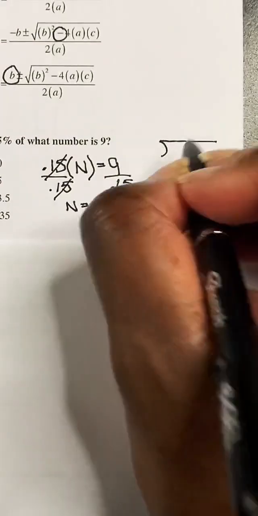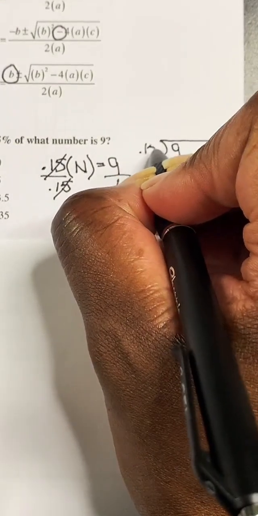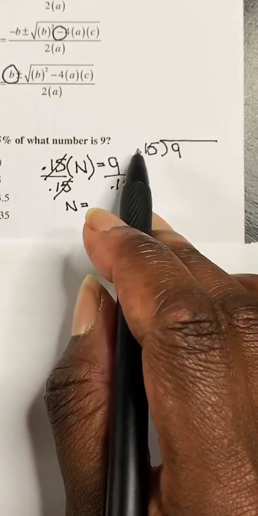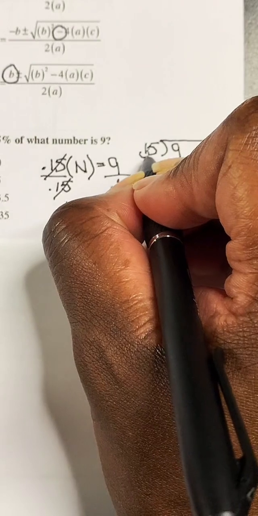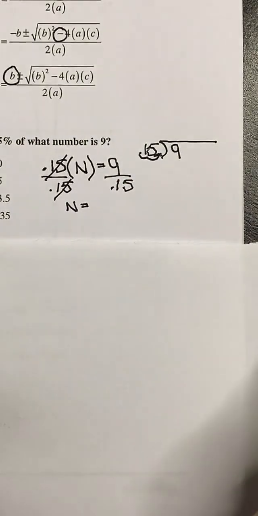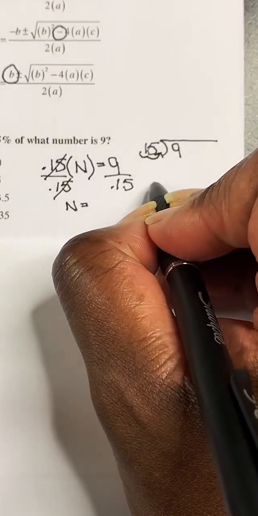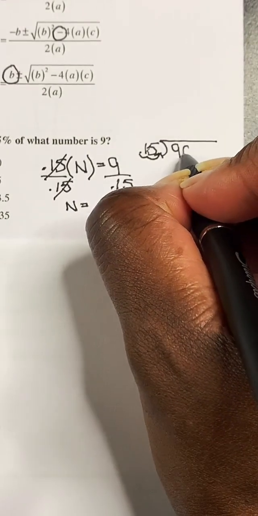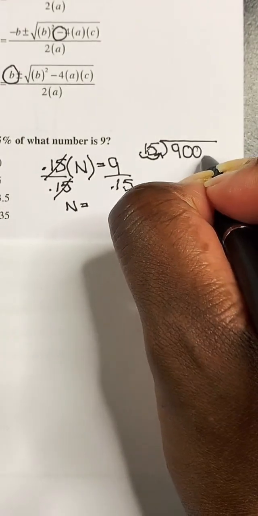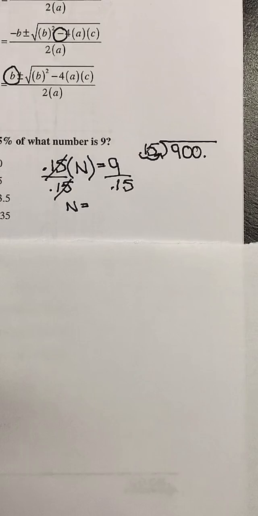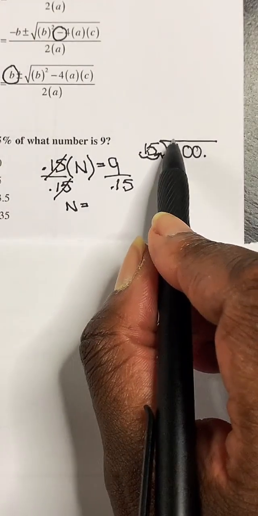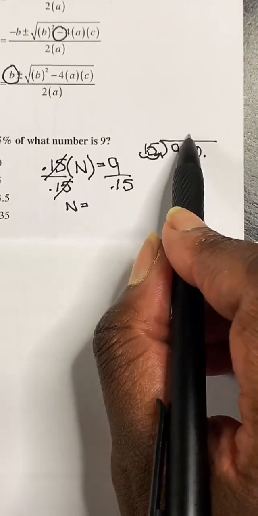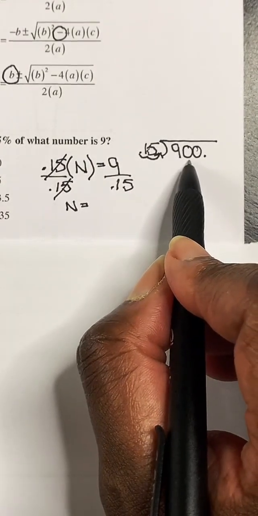So if I am going to do my division, I have 9 divided by 0.15, but I cannot have a decimal in the divisor. So I need to move this decimal place over 2 places so it can be 15, but that means I have to add 2 decimal places over there as well. So now I have to think, how many groups of 15 can go into 90?